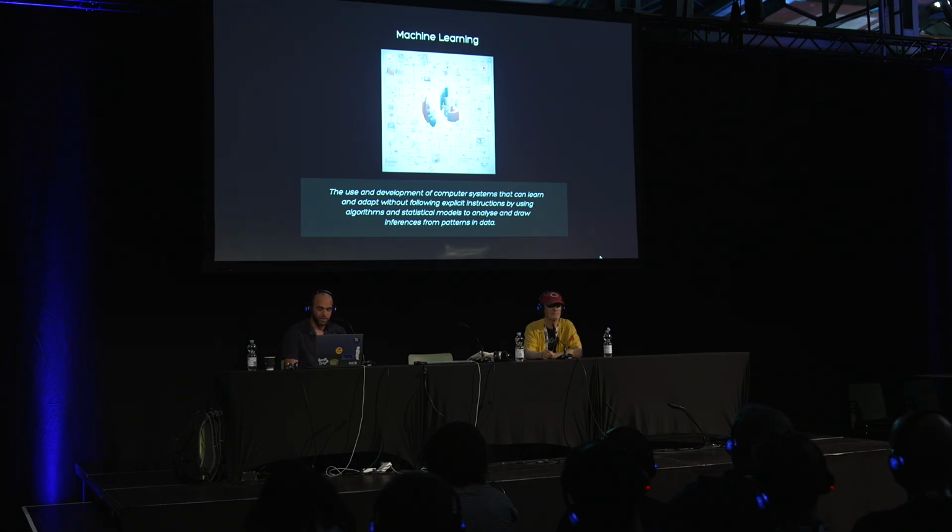And there are a lot of interesting and important things here. First of all, it's not following explicit instructions, in the sense of a developer sitting down and saying, algorithm, do this when the input is this, do that when the input is that. So it doesn't follow that route. But it looks at data, and more importantly, it looks at patterns in data.